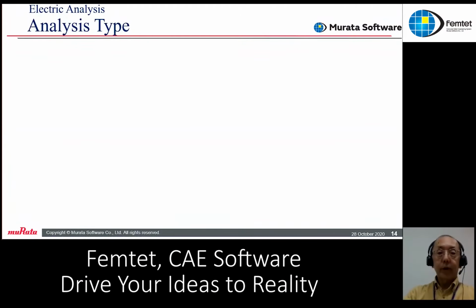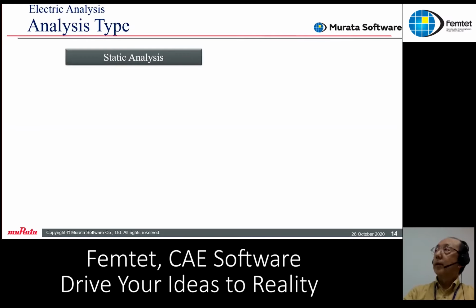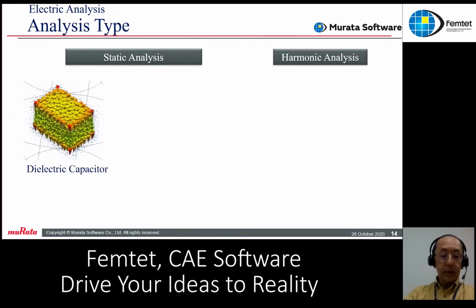Now, the electric solver. There are two types of analysis: static analysis and harmonic analysis. In the static analysis, you can analyze the electric field distribution when a voltage is applied to a dielectric or conductor.